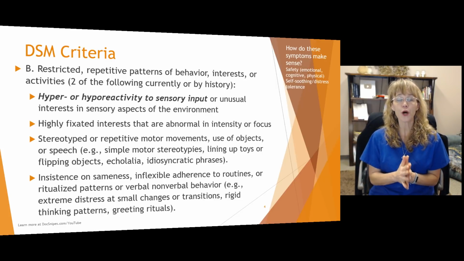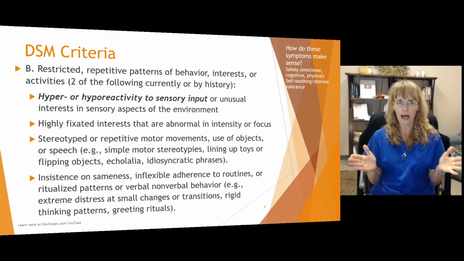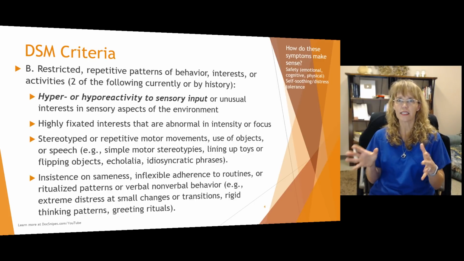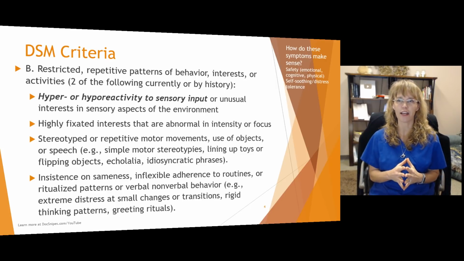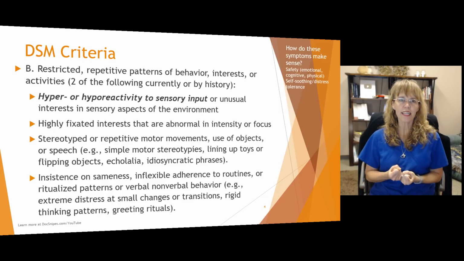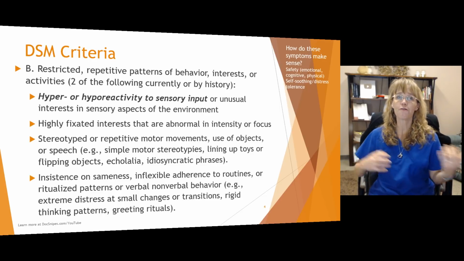So, hyper or hyporeactivity to sensory input, or unusual interests in sensory aspects of the environment. Some children or people who are on the spectrum may be particularly drawn to lights or movement or particular colors in the environment. So being aware of that and recognizing how that might be helpful or distressful for that person.